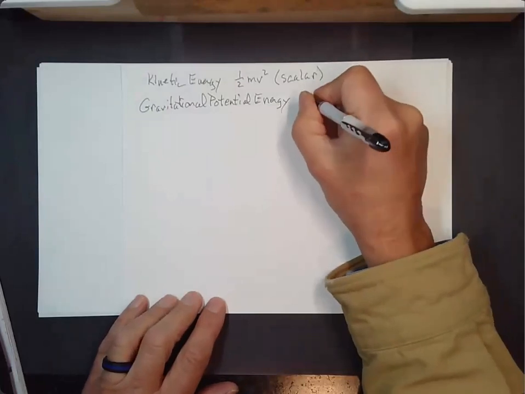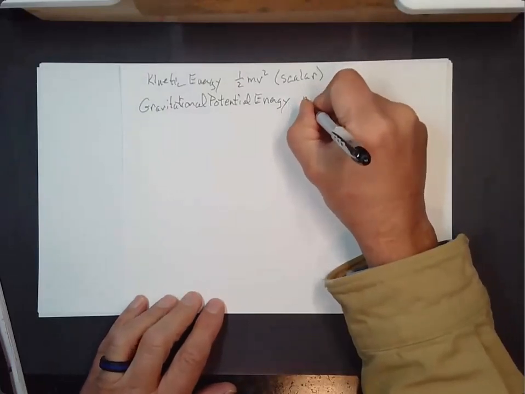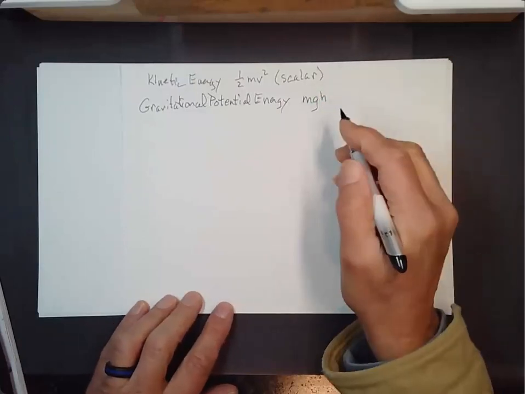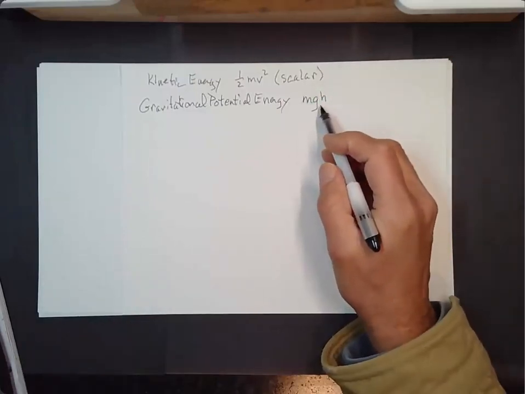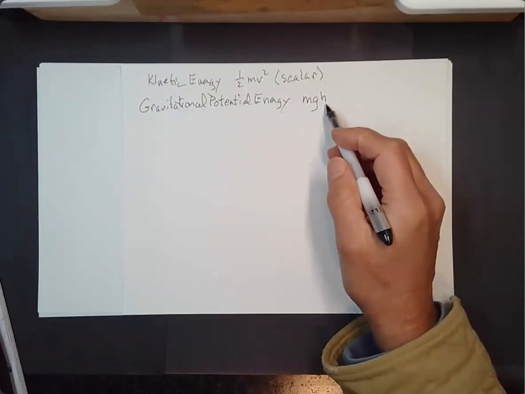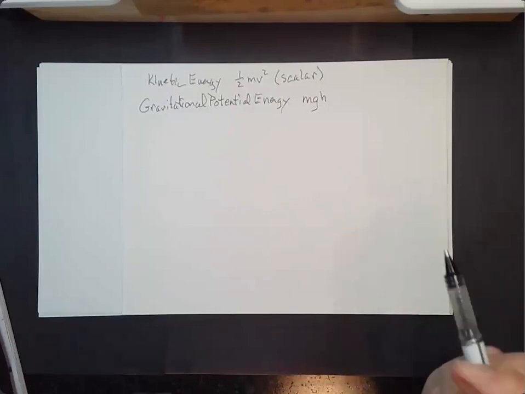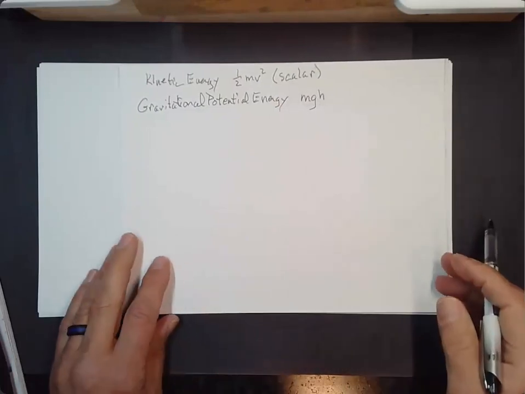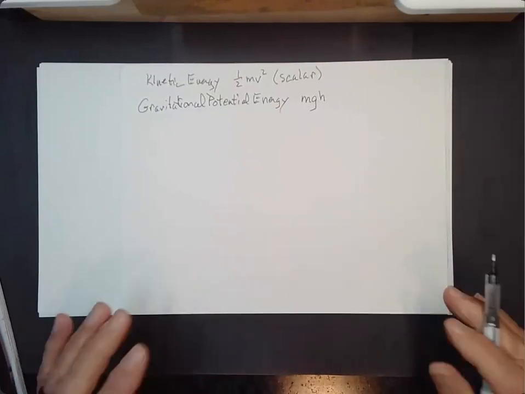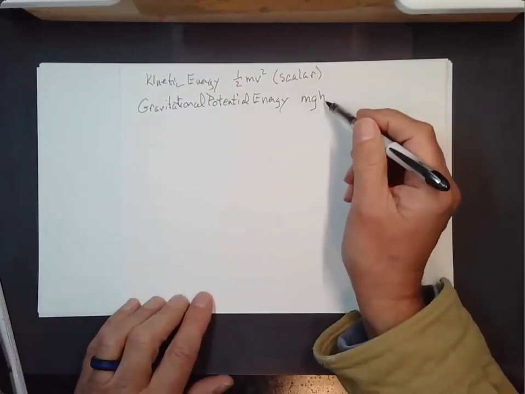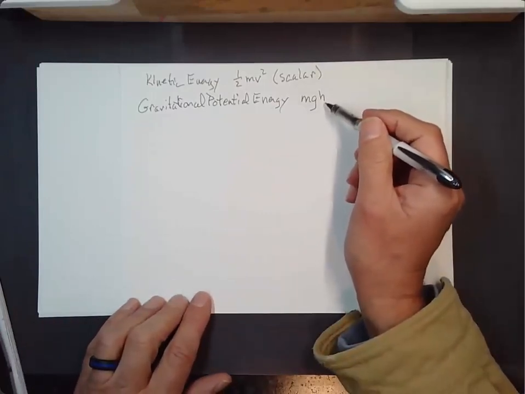And so for gravitational potential energy, we'll have an expression that looks like this: m times g times h. Well, mg is the weight of an object. h is its height above some reference point, and we're free to pick what reference point that is. A lot of times we'll pick the surface of the Earth or the floor of a room or something like that, but we're pretty free to select where that h is going to be measured from.